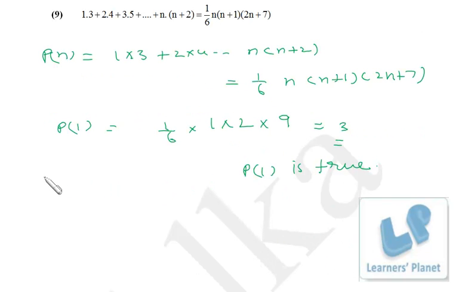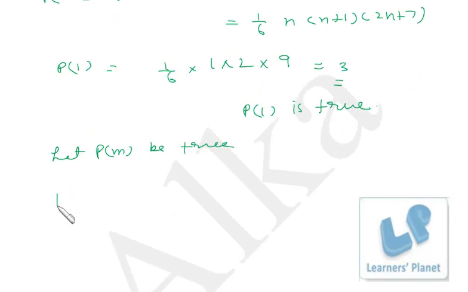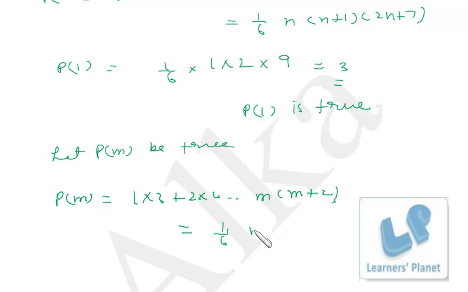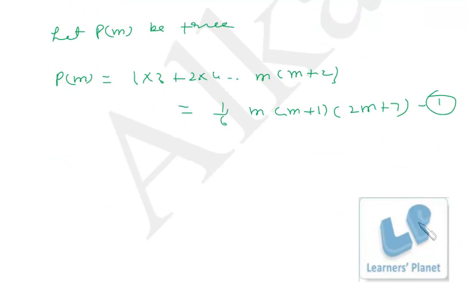Now next is, as usual, let Pm be true. So Pm will be what? 1 into 3 plus 2 into 4 till m into (m plus 2) is equal to 1 upon 6, m into (m plus 1) into (2m plus 7), right? That's true, that we have assumed. Now we have to prove Pm plus 1 is true.